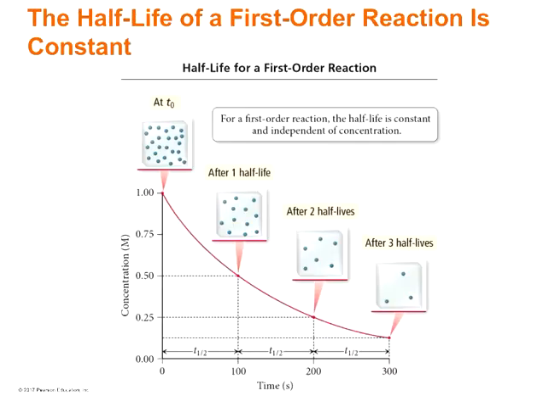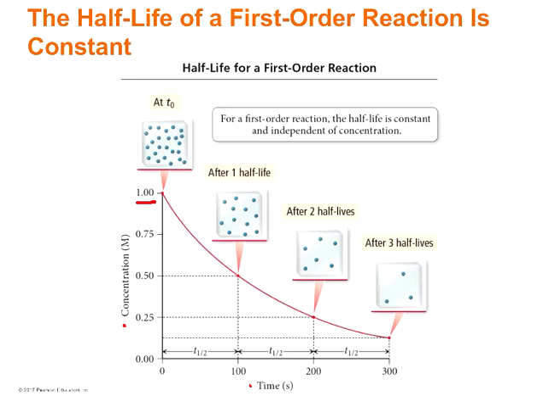So you'll notice here that down below we have a graph of concentration of our reactant versus time. So concentration is on the y-axis, time is on the x-axis. And let's say that initially we have a concentration of 1 mole per liter of our reactant.